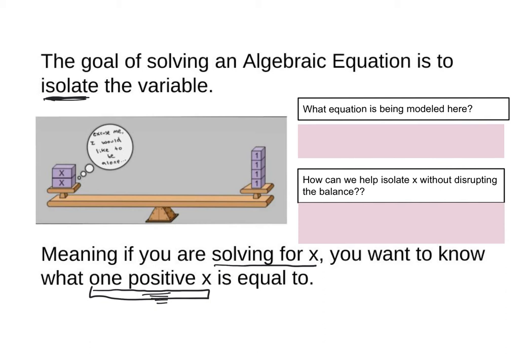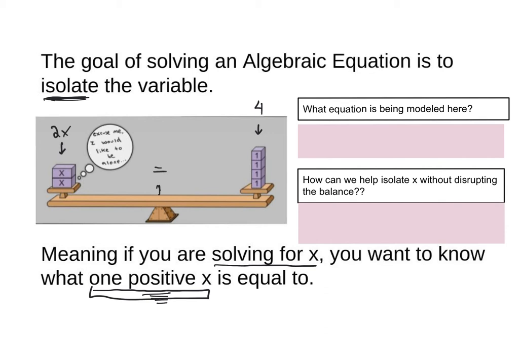So in this example, we see a scale, and on this side we have 2 x's, and on this side we have 4 1's. And this little x down here is saying, excuse me, I would really like to be alone. So I'm asking you first, what equation is being modeled here? We can think of the middle of this scale as an equal sign.